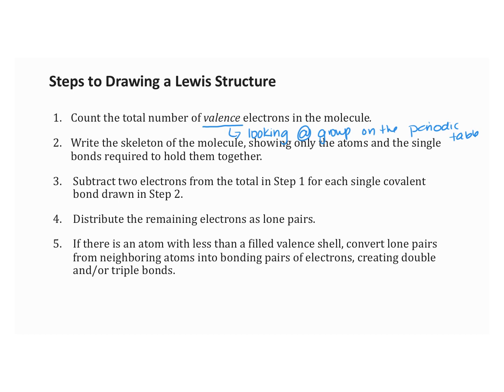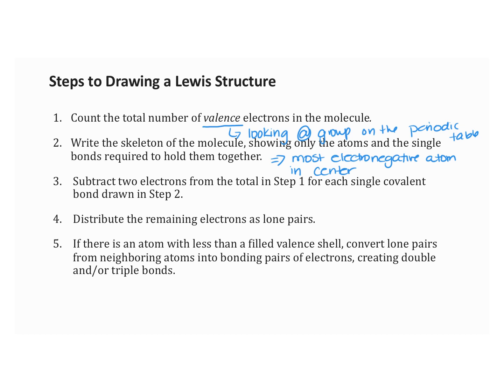And then you need to write the skeleton of the molecule showing only the atoms and the single bonds required to hold them together. When you do this, generally, you want to put the least electronegative atom in the center or the interior, right? And that's never hydrogen. Hydrogen's always going to go on the exterior because it can only form one bond.